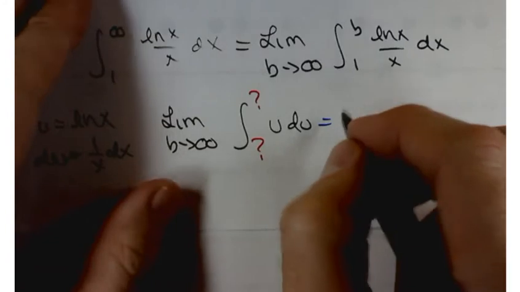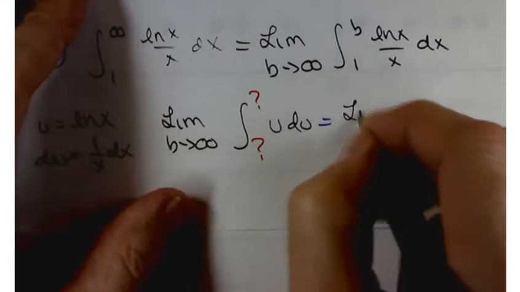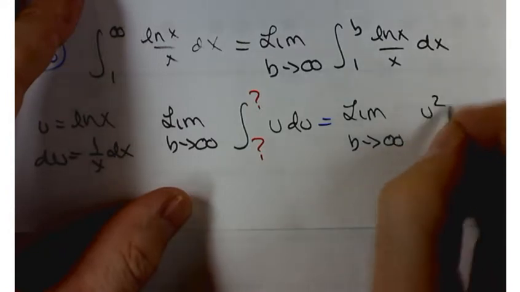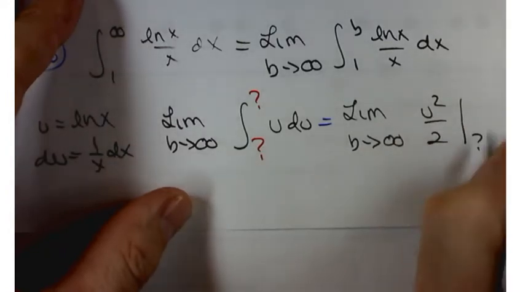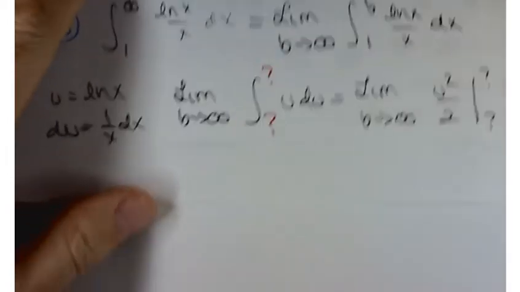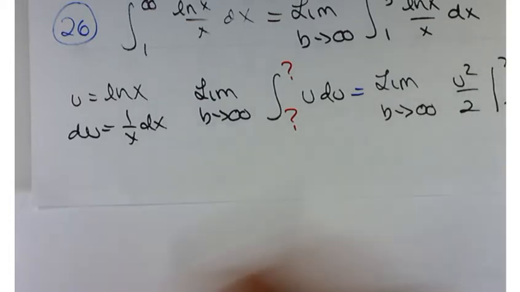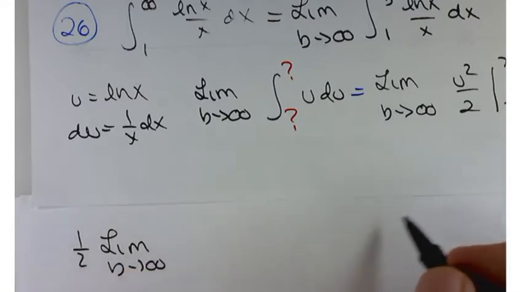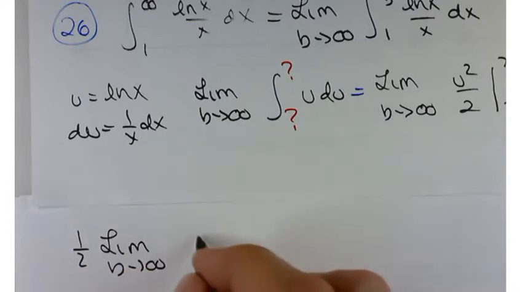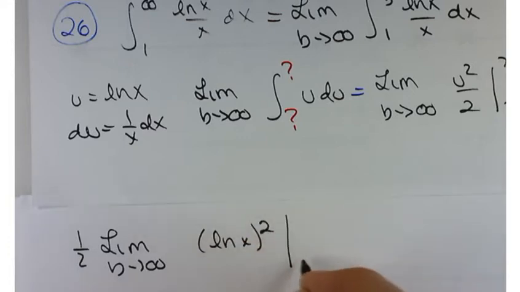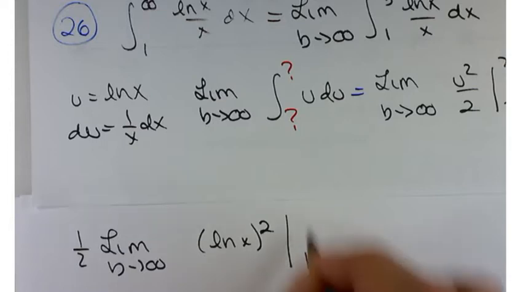So that's going to become the limit as b approaches infinity of u squared over 2 from something to something. And now we can clean this up a little bit. I'll take that constant of 1/2 out in front times the limit as b approaches infinity of ln of x squared between 1 and b.